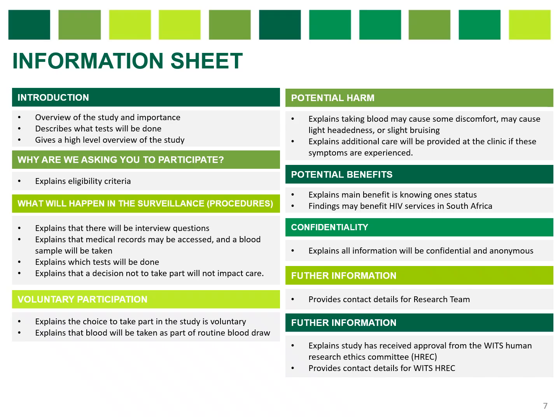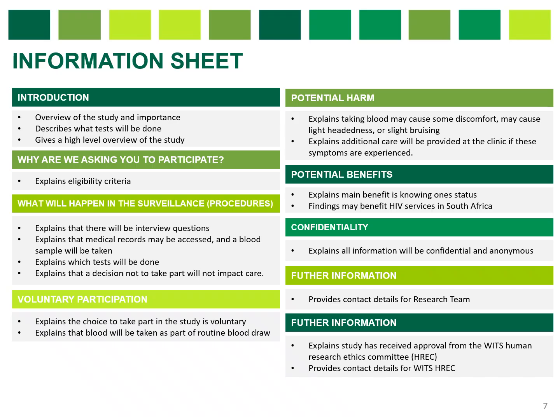There's a section explaining potential harm. As we are taking blood, we of course know that there may be some discomfort and they might feel a bit dizzy, so it's important to explain that to them. From a standpoint of potential benefits, of course, we are advancing science and also for the client to know their status.